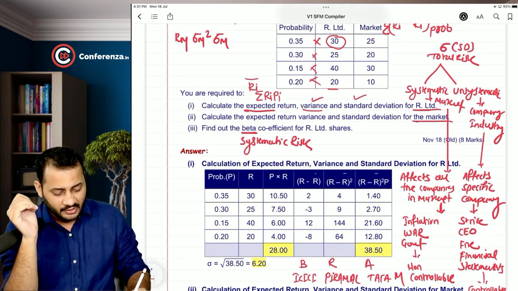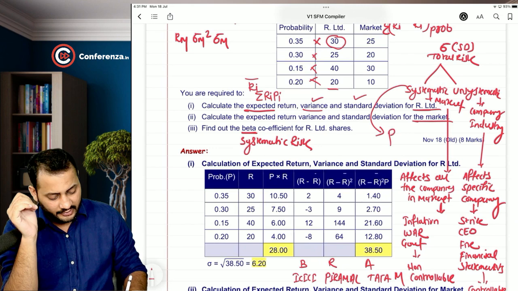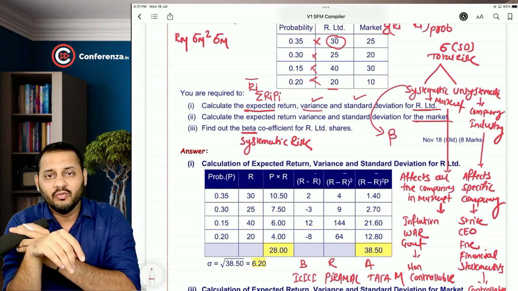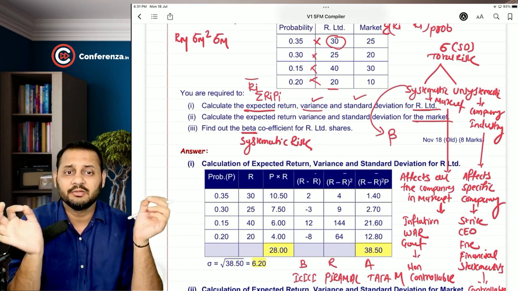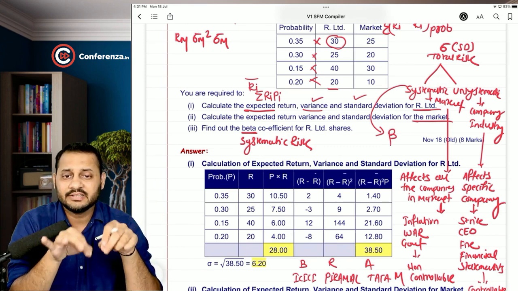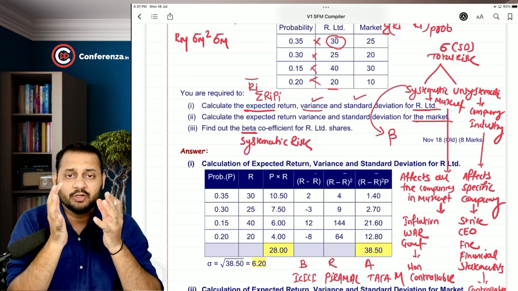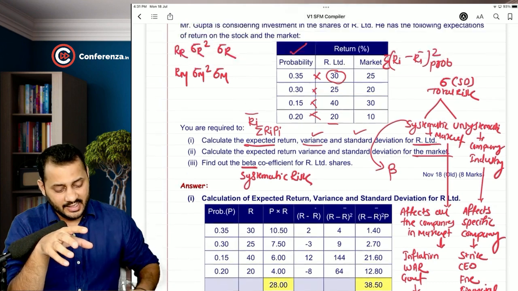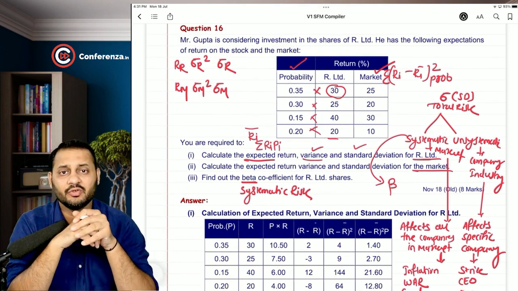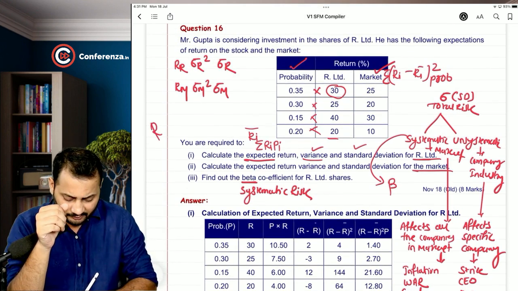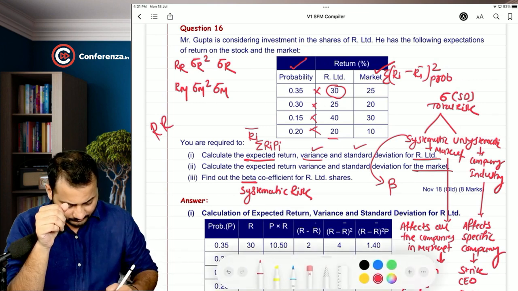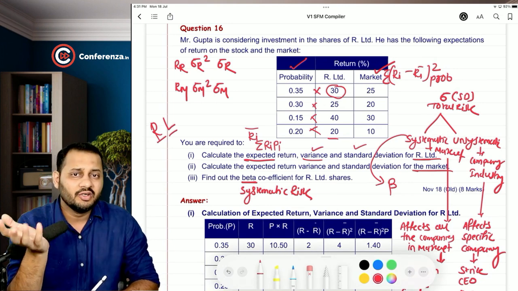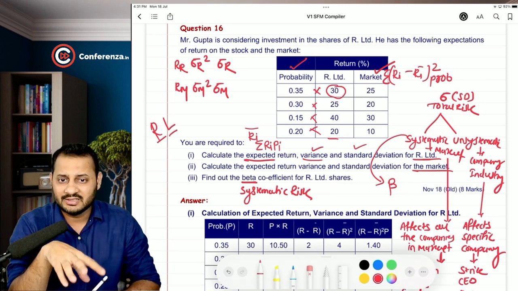This systematic risk is denoted by beta. So that's the beta that we are talking about. Always, please understand, ladies and gentlemen, beta will always be calculated for a particular company as against the market. So whenever you want to calculate beta, calculating beta between R and L company will not give you a proper answer.